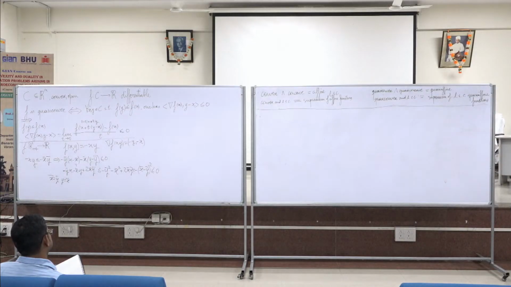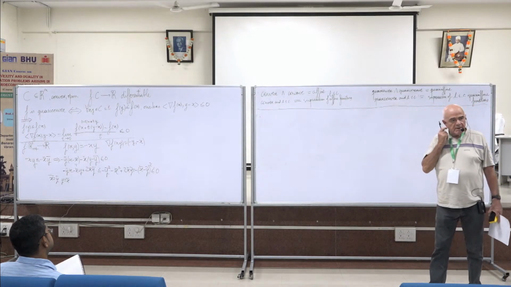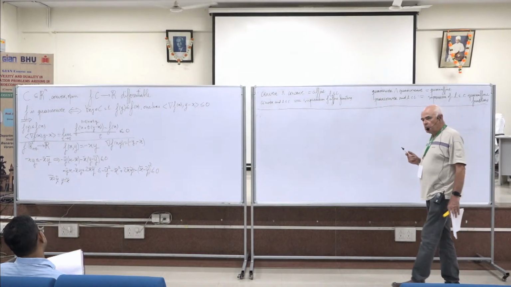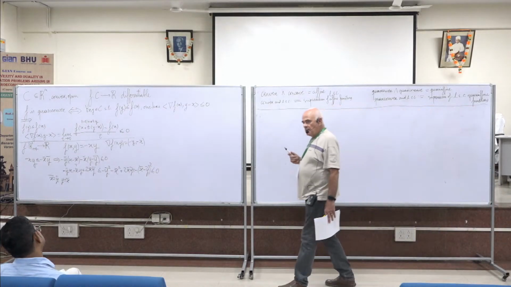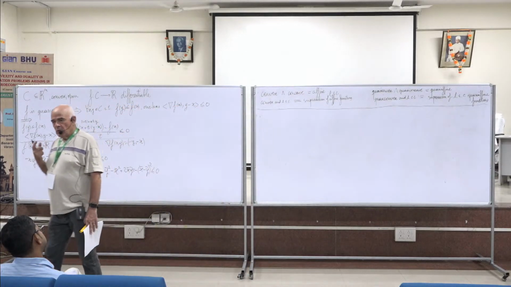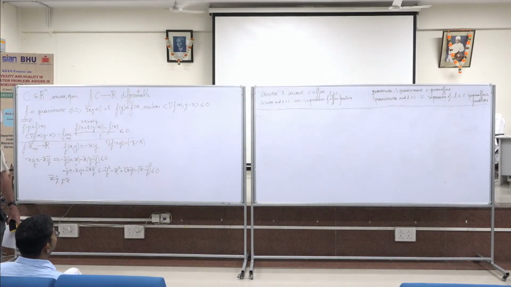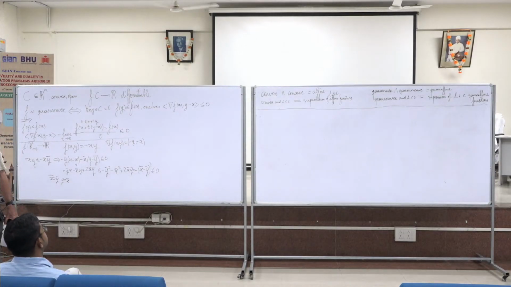The interesting part, which is not difficult to prove at all, is that if you give me a quasi-convex function, then I can find a collection of lower semi-continuous quasi-affine functions, the supremum of which is your function.